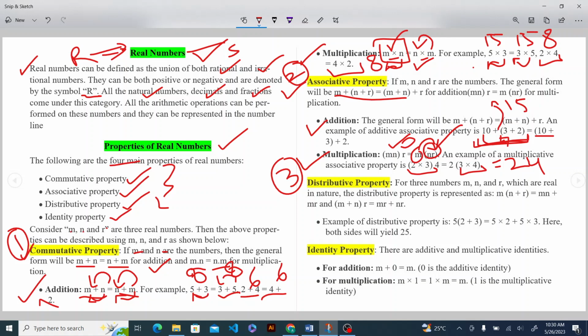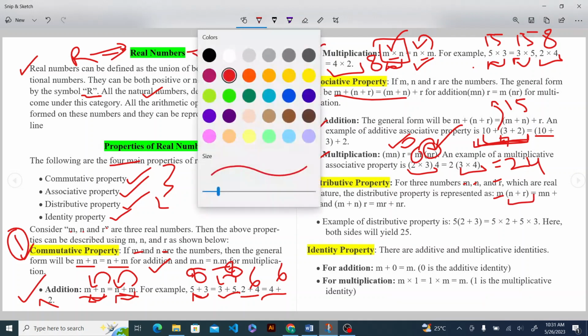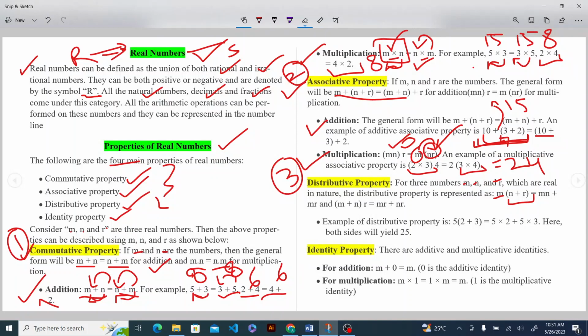The distributive property says, for three real numbers m, n and r, the distributive property is represented as m into (n plus r). This is the left hand side.